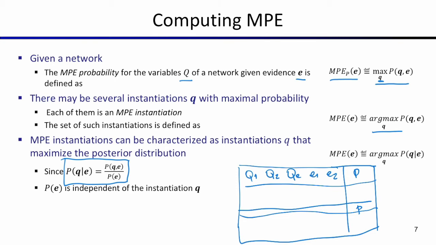And if we sum all those probabilities, we have a Z here. If we divide each entry by Z, the maximum P here that is unnormalized will also be the maximum after the normalization step. As it will not change the results, it's going to be simpler to compute the probability of Q and E and take from there the maximum or the argmax among all possible instantiations.